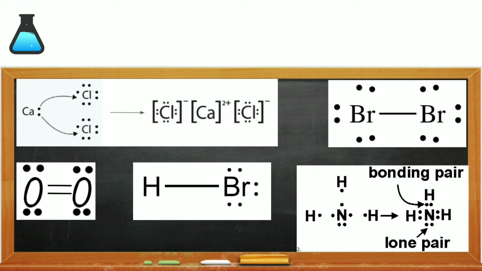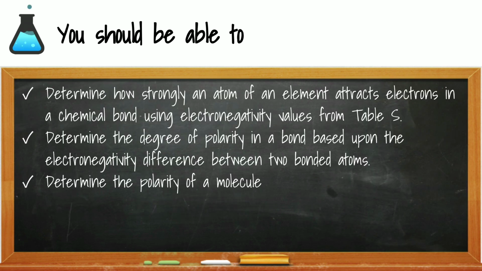Again, the covalent molecule is perfectly symmetric and nonpolar. Hydrogen bromide is also a covalent compound between two nonmetals, but it does not have symmetry. It is asymmetric and polar. NH3, also known as ammonia, is also asymmetric and polar.